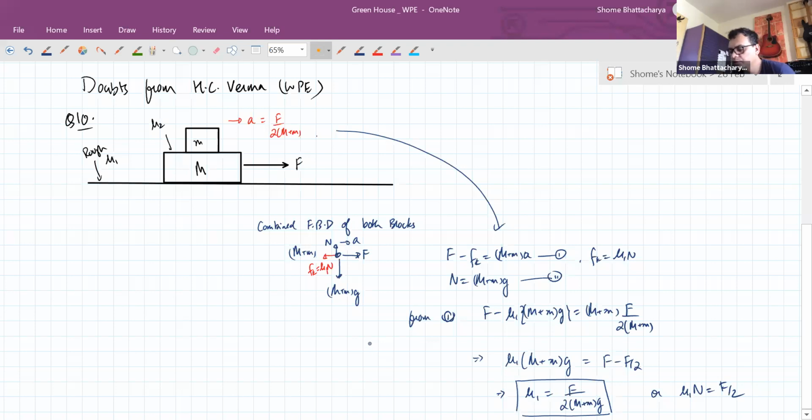Okay, so that's your answer of the first part. Then the second part, we have to find the frictional force acting on the smaller block. So for that, we'll make the free body diagram of the smaller block.